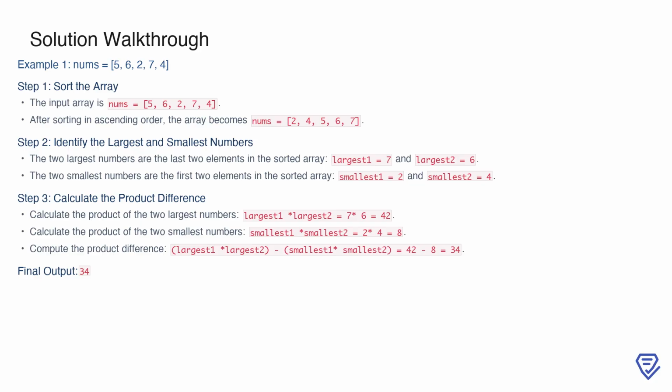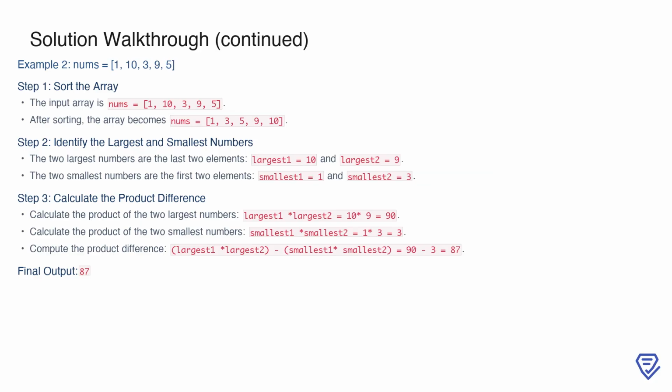Similarly, the two smallest numbers are the first two elements, smallest 1 equals 2 and smallest 2 equals 4. Now, we calculate the product of the two largest numbers, which is 7 * 6 equals 42, and the product of the two smallest numbers, which is 2 * 4 equals 8. Finally, we subtract these two products to find the product difference, 42 - 8 equals 34. So, the output for this example is 34.